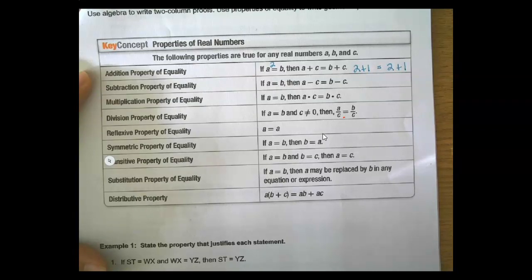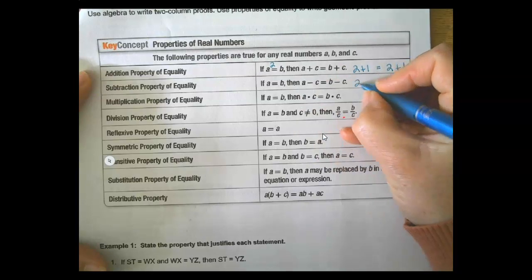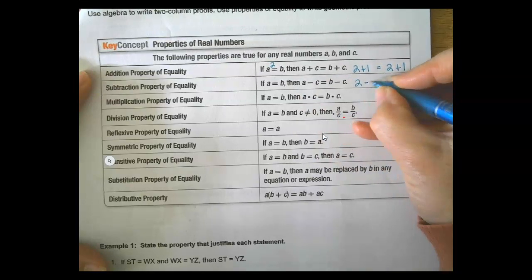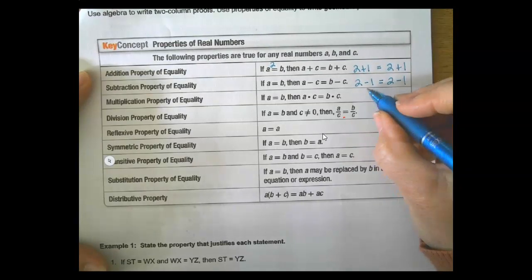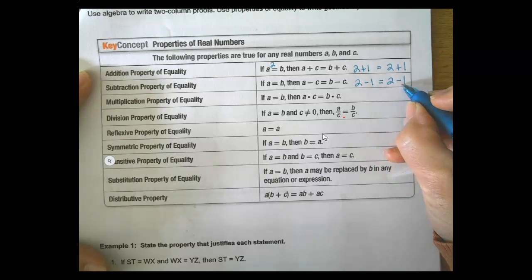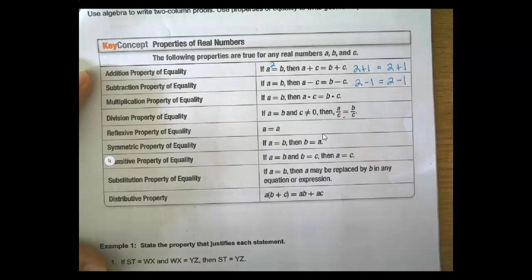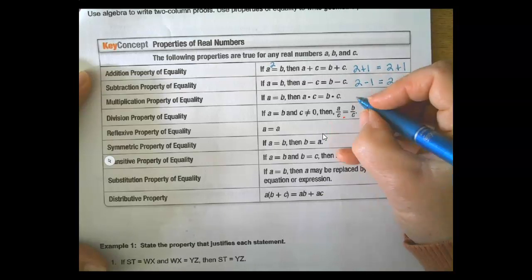Subtraction, same thing. If my A and B are the same, and you're subtracting the same thing from both sides, almost like your inverse operation, it's called the subtraction property. They are still equal. Multiplication. This is why inverse operations work.